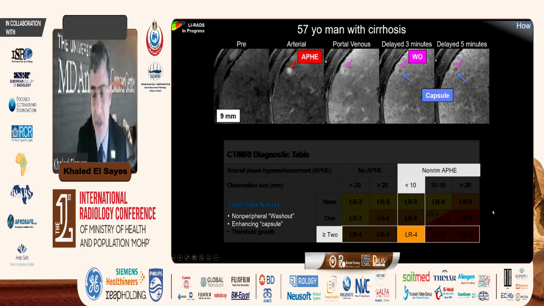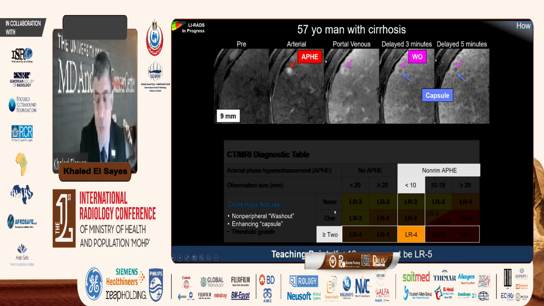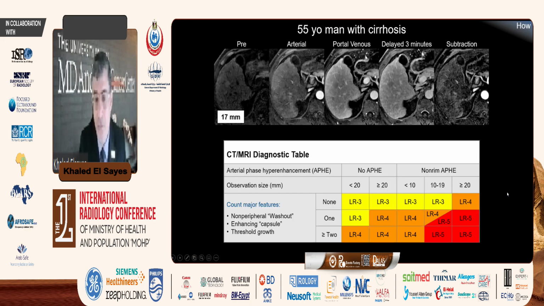What about the next case here? I'm just showing you how we do it, and you guys can practice it the way you like. This is another case, you barely see the observation here. I don't think it's arterial phase hyperenhancement. So it will go in these columns, no arterial phase hyperenhancement, and you measure it.